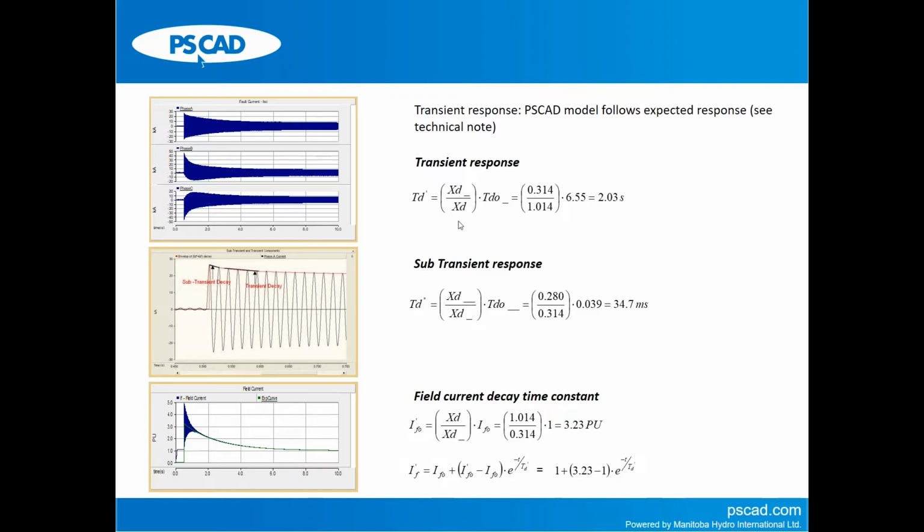We have also verified, and I will give you the technical note where all these calculations are done, that the sub-transient period, the transient decay period, the field current decay, and the peak field current during the transient all follow expected values as per theory. So that's what I have shown here. We have validated this model, like I said, extensively.